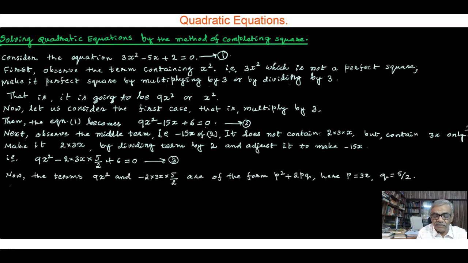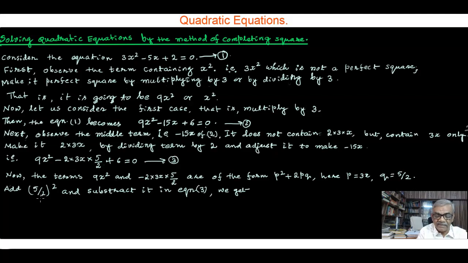Now the terms 9x square and minus 2 into 3x into 5 by 2 are of the form p square plus 2pq. Hence p is equal to 3x and q is equal to 5 by 2. Therefore add 5 by 2 whole square and subtract it in equation number 3.